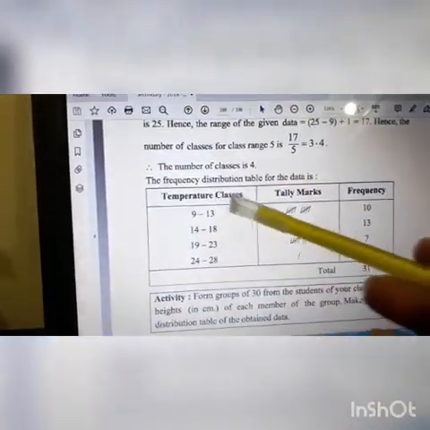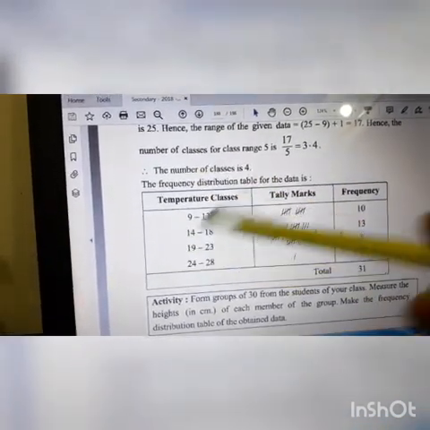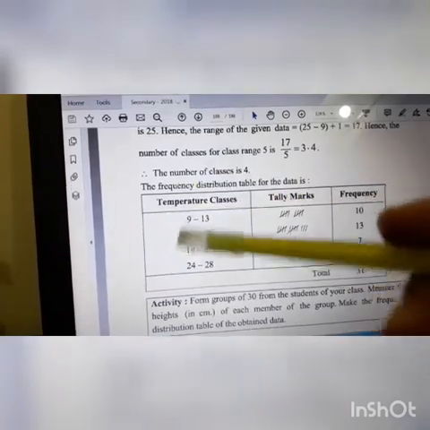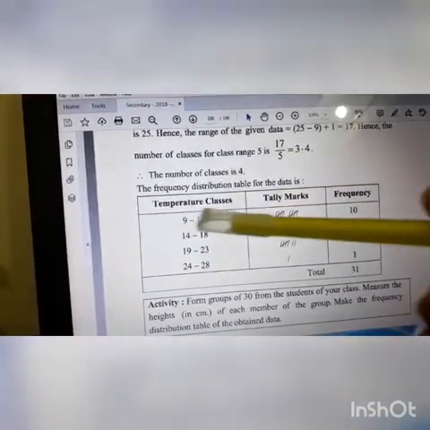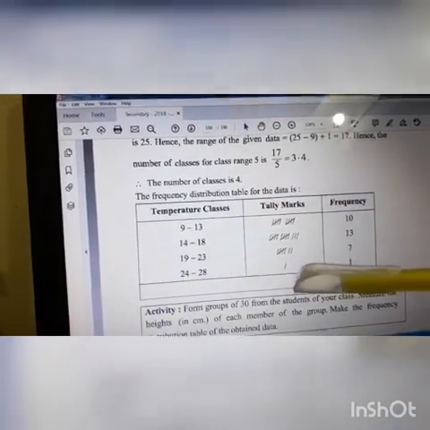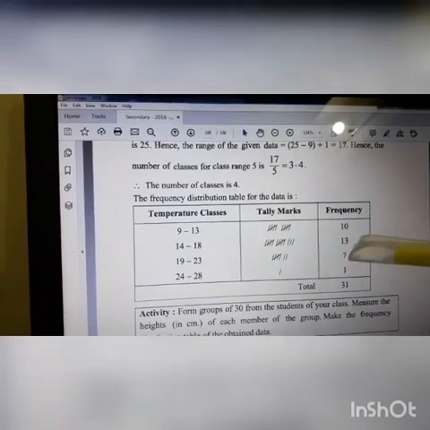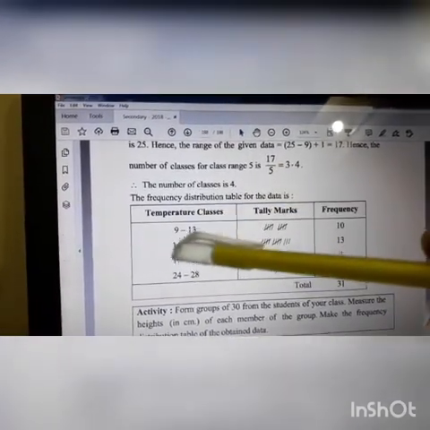To construct the frequency distribution table, we must construct 3 columns. The first column is for class interval, the second column for tally marks, and against the class we will write the frequency. After that, the total of the frequencies gives a complete table. This table is known as a frequency distribution table.